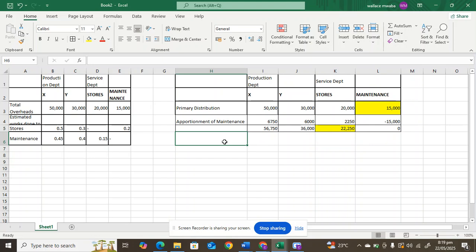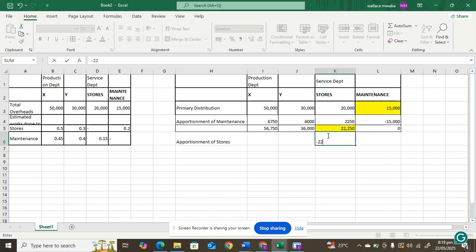So here we see apportionment of stores. The amount we are reapportioning is this 22,250, so we present it as a negative 22,250.